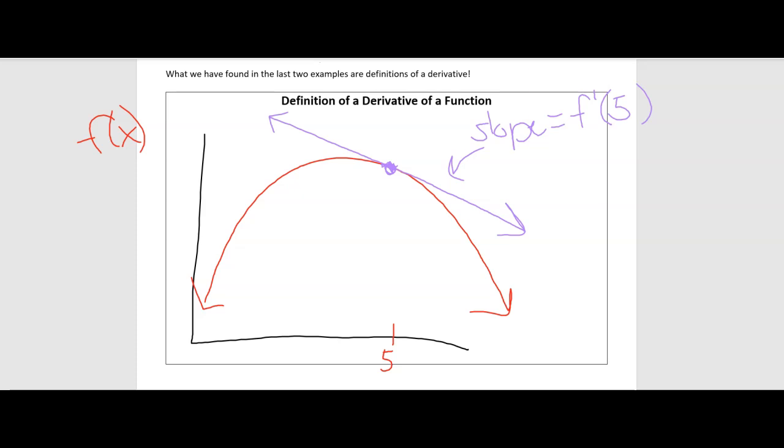If I was talking about this point right here, and I try to draw a reasonable tangent line, let's call that point 2. The slope here would be equal to f prime of 2. So this notation, f with the little tick mark, just represents the derivative. Again, the derivative is just the slope of the tangent line at a specific point of the function.